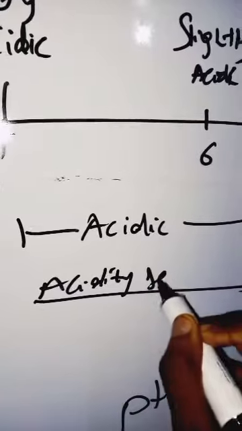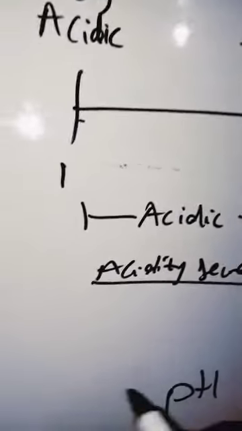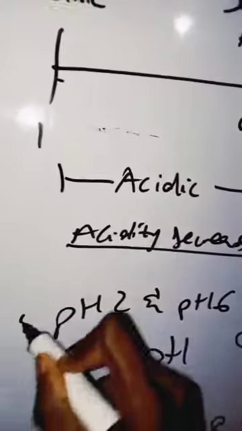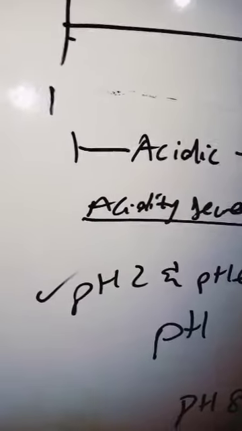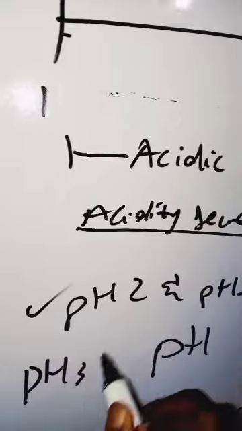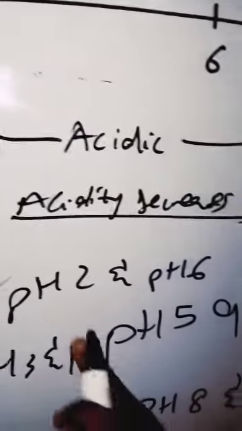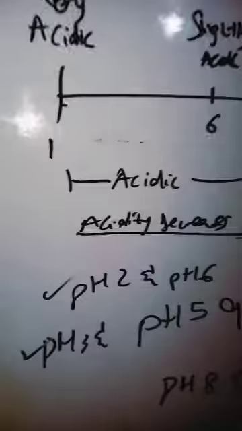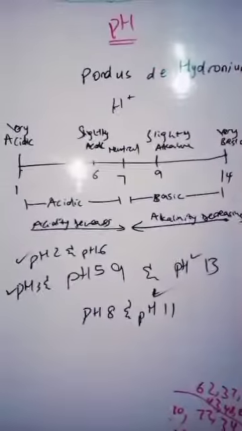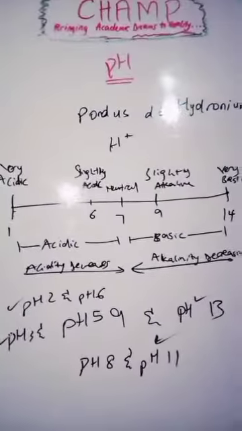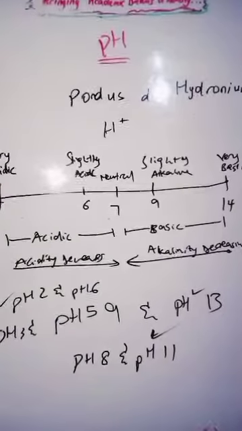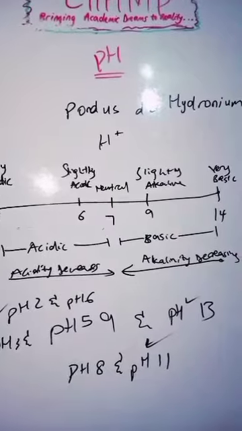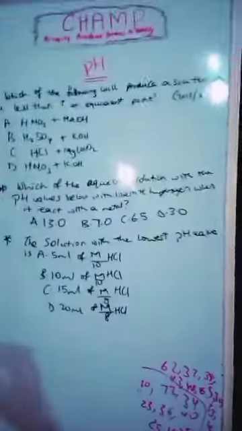So between a solution of pH 2 and a solution of pH 6, pH 2 is more acidic. pH 3 and pH 5, pH 3 is more acidic. So let's take care of that. I think we can move on now. Let's take some basic questions on that before we finally move into the calculation aspect.